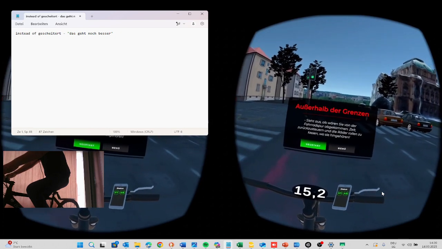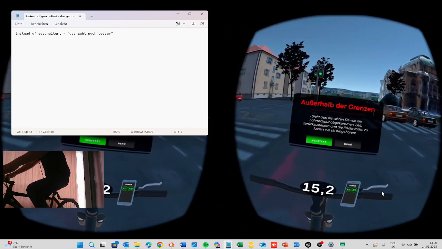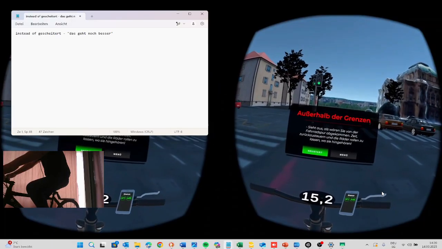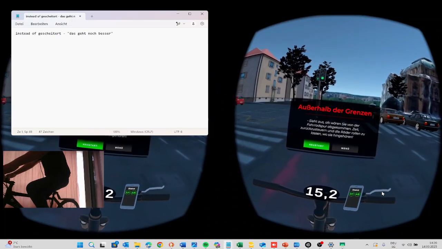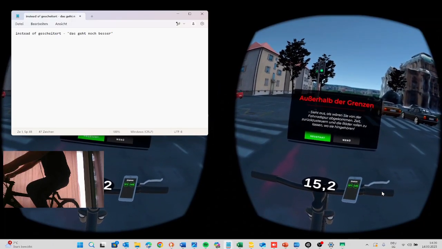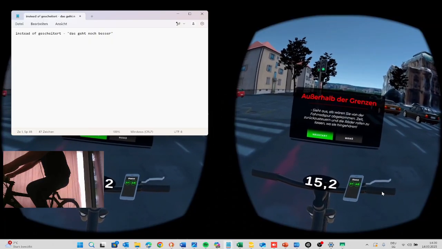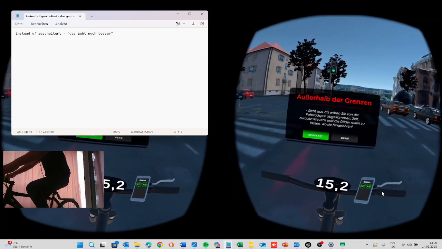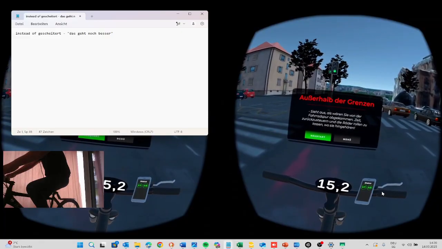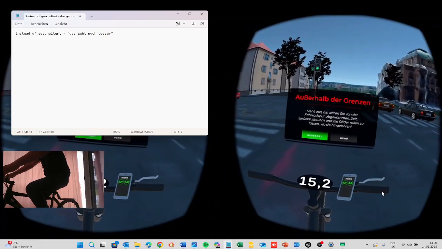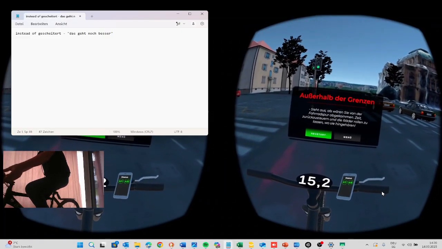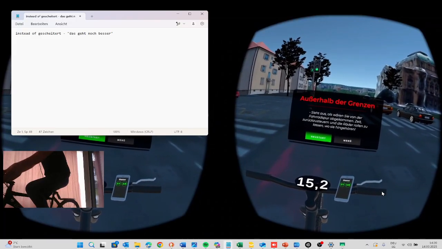Because here we should finish the scene, and it's not that we are outside of the boundaries, but it's about the problem that we didn't crash into this stuff, the car truck.